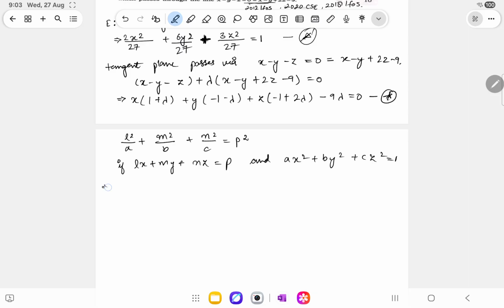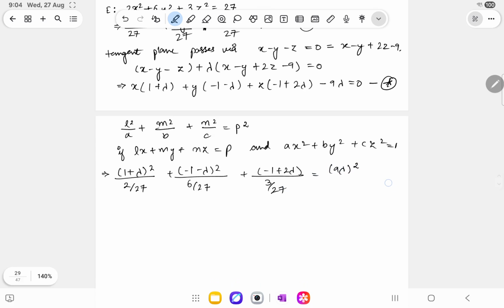So if I equate it and substitute the values of l, m and A, B, C, I'll get 1 plus lambda square upon A, which is 2 by 27, plus minus 1 minus lambda square upon B, which is 6 by 27, plus minus 1 plus 2 lambda upon 3 by 27 is equal to p square, and my p is 9 lambda square.